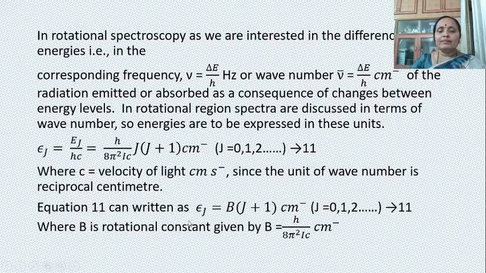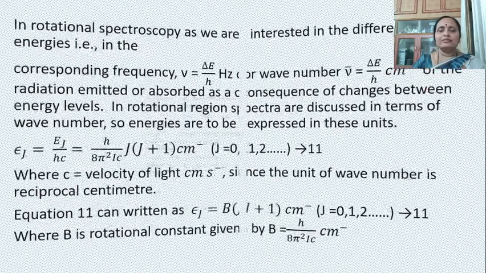Equation 11 becomes epsilon j equal to B j(j+1) centimeter inverse. Students, the j is missing here; there should be a j in the term. B is equal to h/(8π²Ic) centimeter inverse.